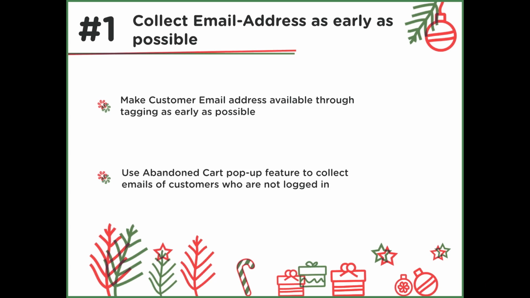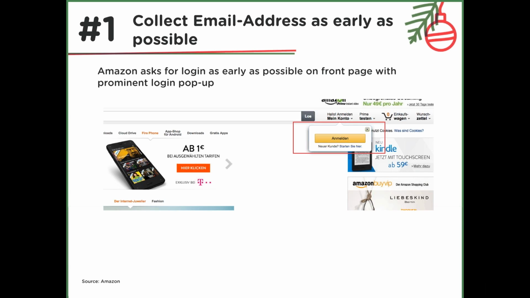If you look at some of the major enterprise level clients, they will ask for an email address really quickly. For example, Amazon: if you land there as a new customer, you will have these pop-ups in your face, graciously, but still there, asking for login or asking you to sign up to get a voucher.